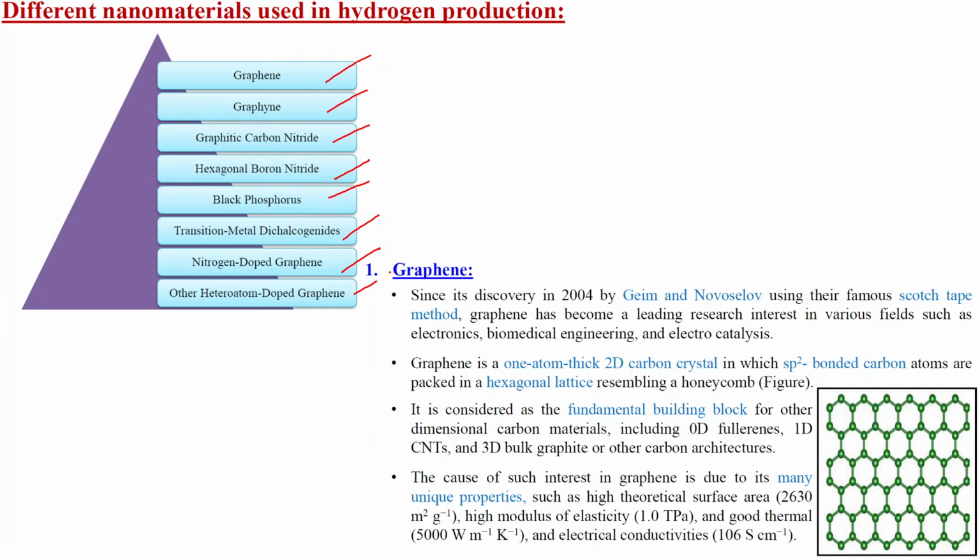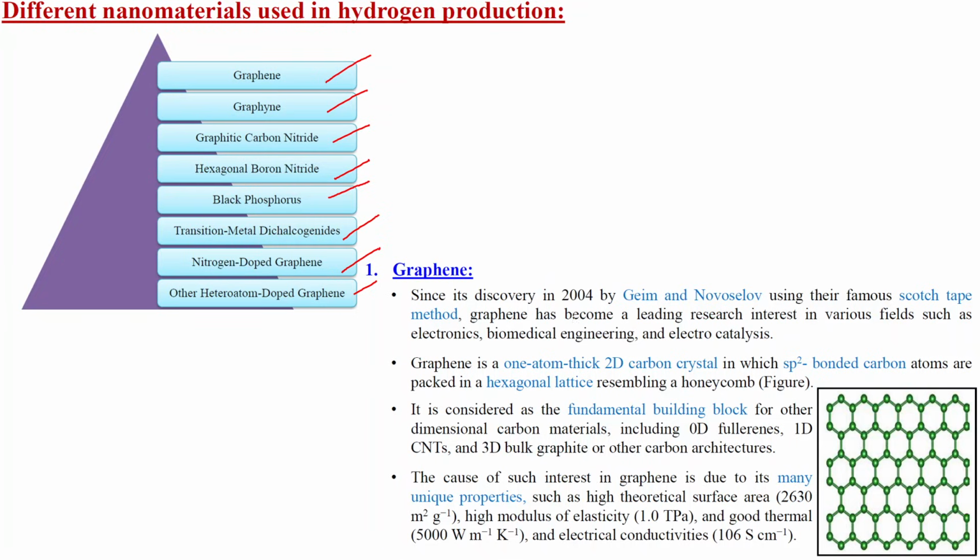It is a very versatile material which is used in mostly every field such as electronics, biomedical engineering, electrocatalysis, and electro optics. It is such a versatile nanomaterial that it is finding application in most areas right now.